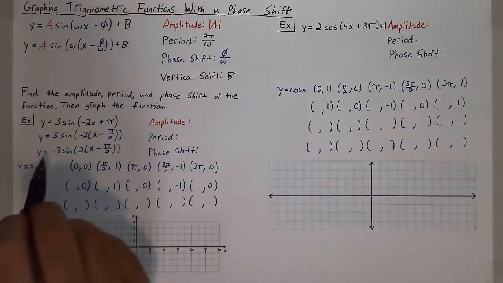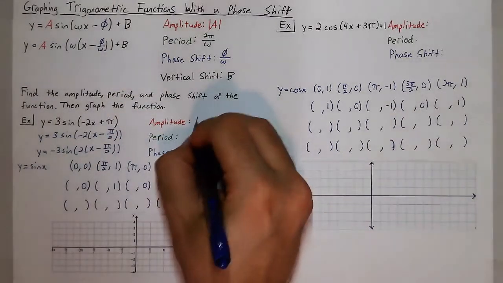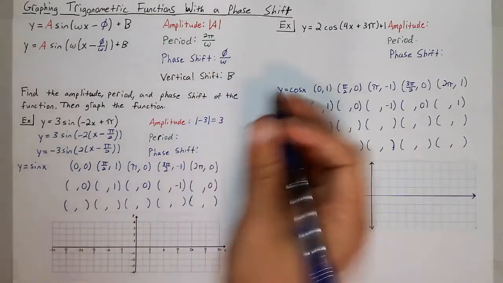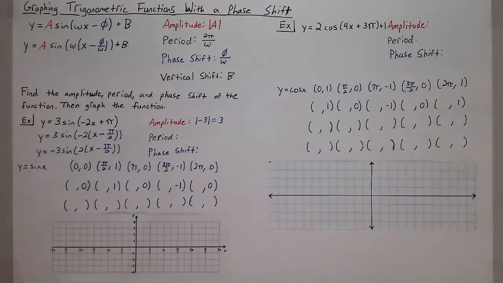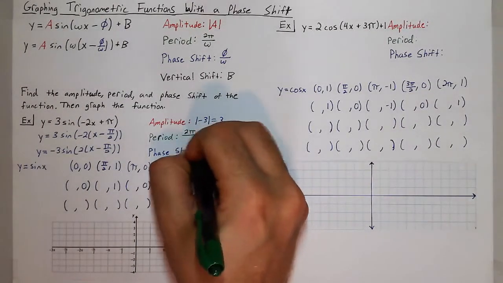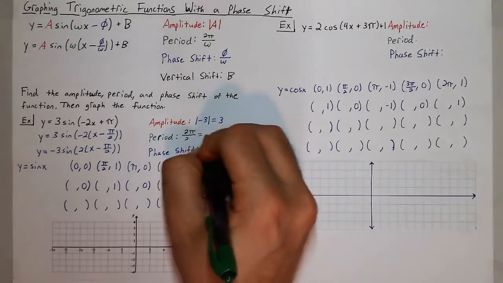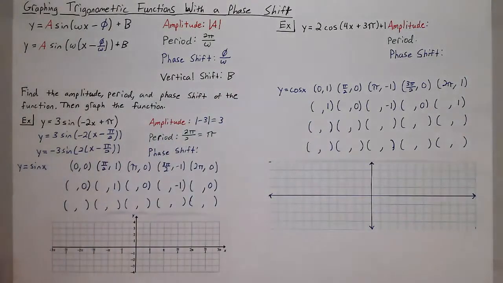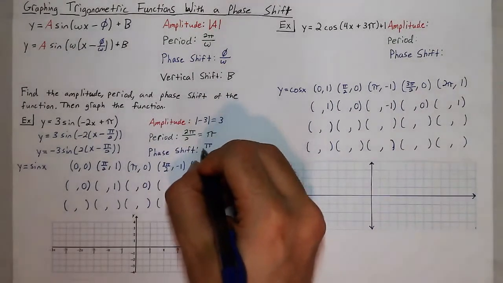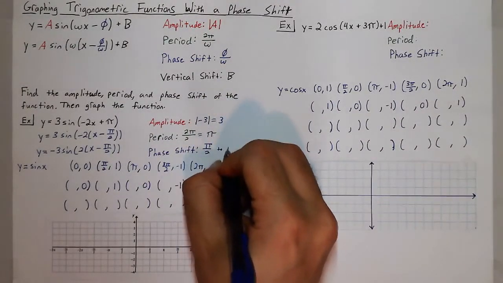Now reading all of this, my amplitude is going to be 3. My period is going to be 2 pi divided by 2, which is just pi. And my phase shift is going to be pi over 2 to the right.